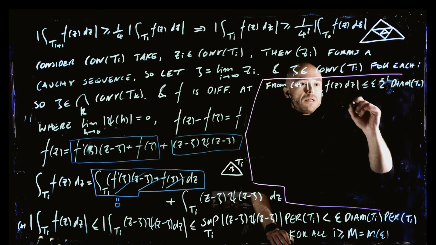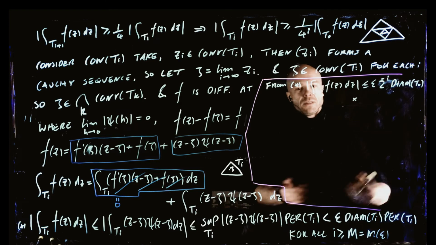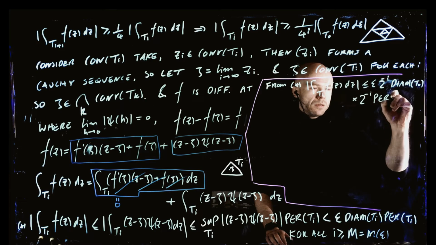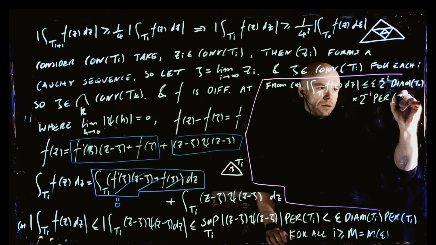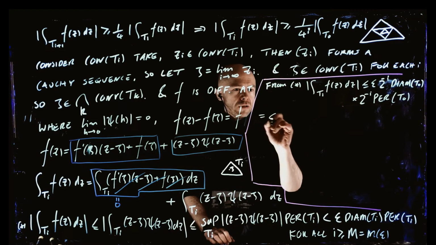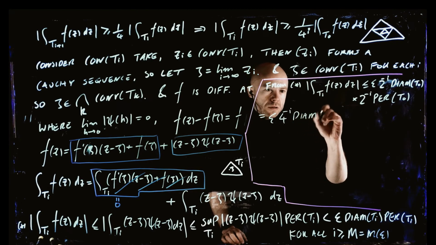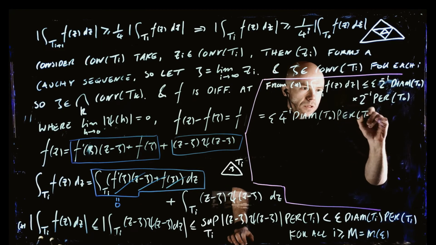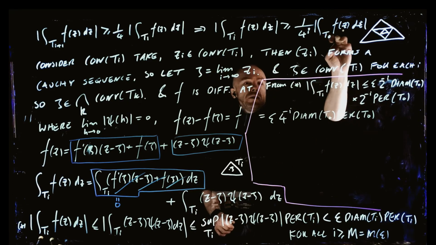And the perimeter of Ti is also 2 to the minus i of the perimeter of our original one, T0. So what is that? That's equal to epsilon times 4 to the minus i, times the diameter of T0, times the perimeter of T0.